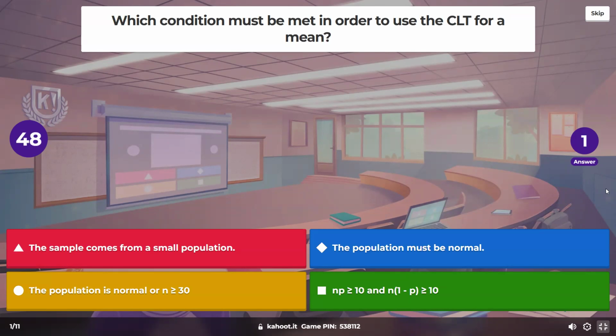The population must be normal. And the other is np greater than or equal to 10 and n times 1 minus p greater than or equal to 10. Which one of those is necessary? We use the central limit theorem for the mean. Not quite sure. Check your notes.